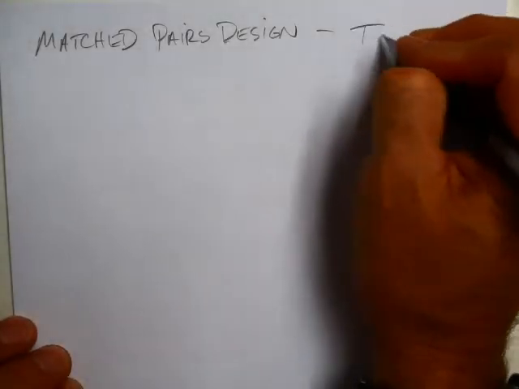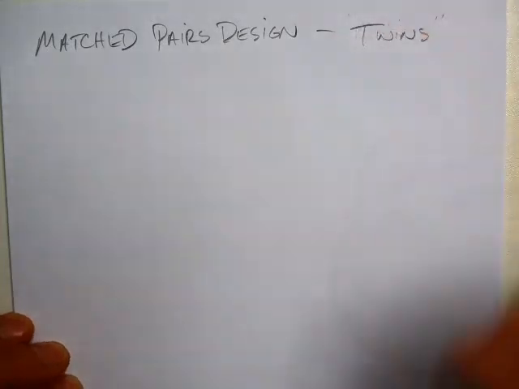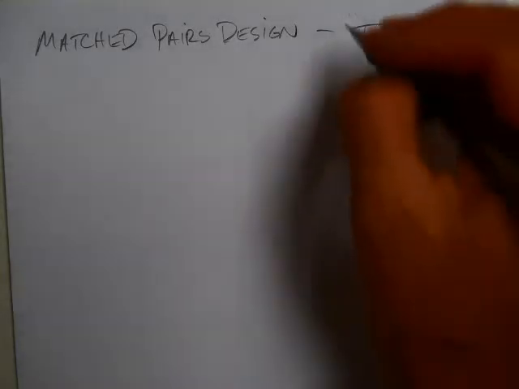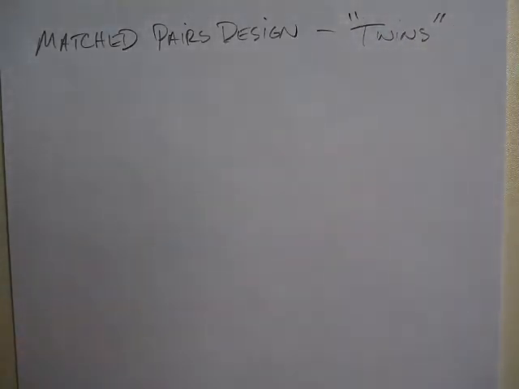All right. Twins. Okay, matched pairs design. I want you to think twins. It's not always twins, but it's twin-like situations. Identical twins are perfect research candidates for so many things because they have identical DNA, or nearly so.